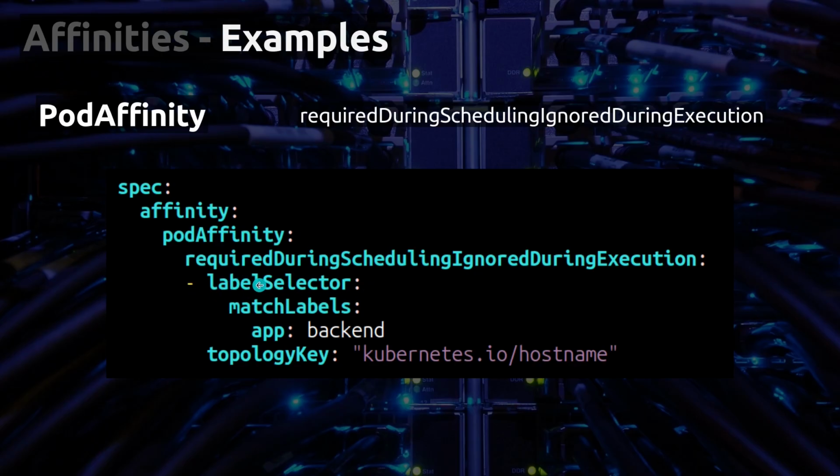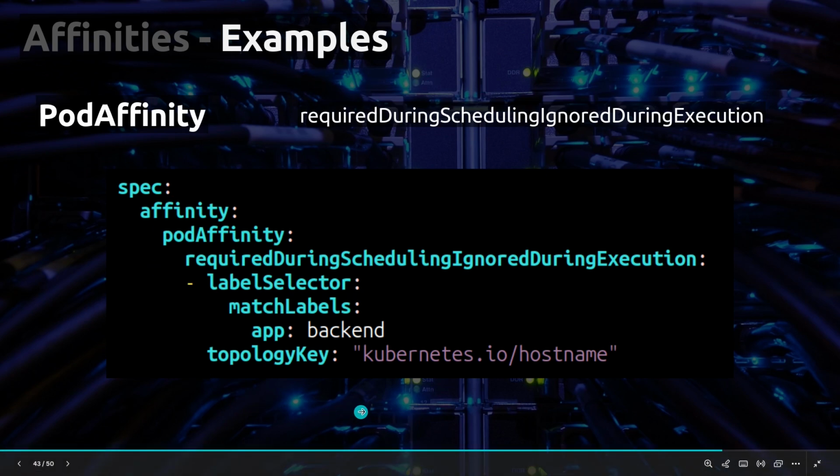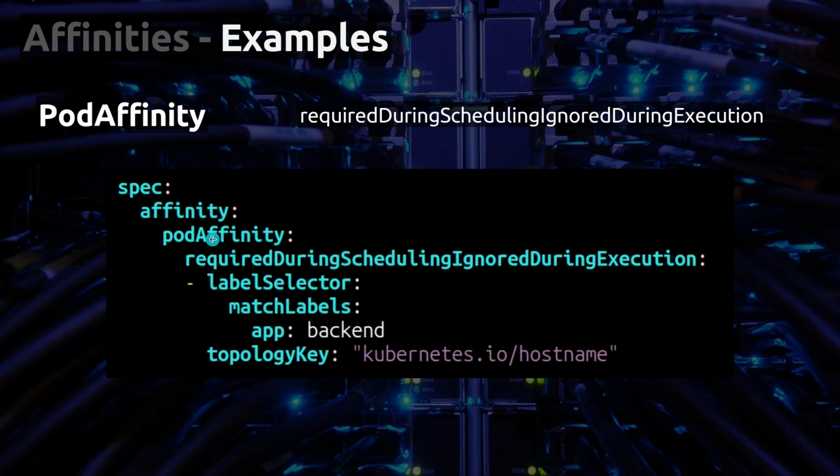We are based on label. We want to check the label with app backend, and all pods with this kind of label will be in the same group and with the same affinity that we will set inside this pod, of course.